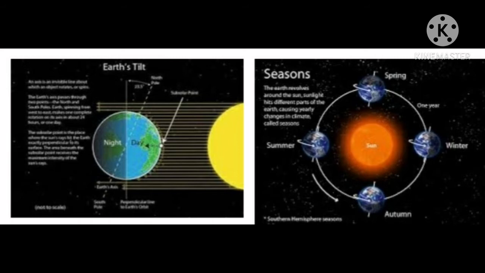When any one of the poles inclines the most towards the sun, the 23°30' parallel of that hemisphere receives perpendicular sun rays. Only on 21st June and 22nd December the sun rays become perpendicular on the Tropic of Cancer and Tropic of Capricorn respectively.